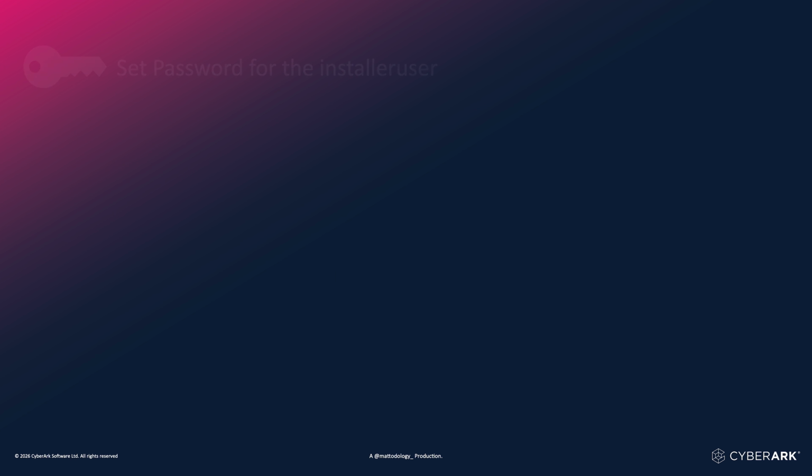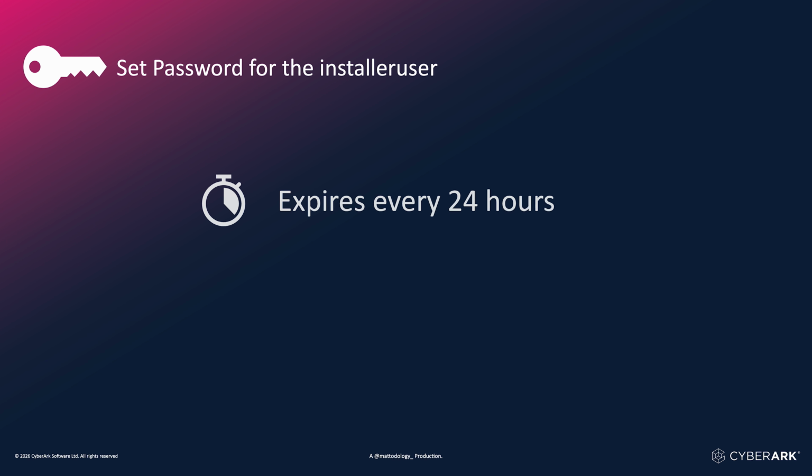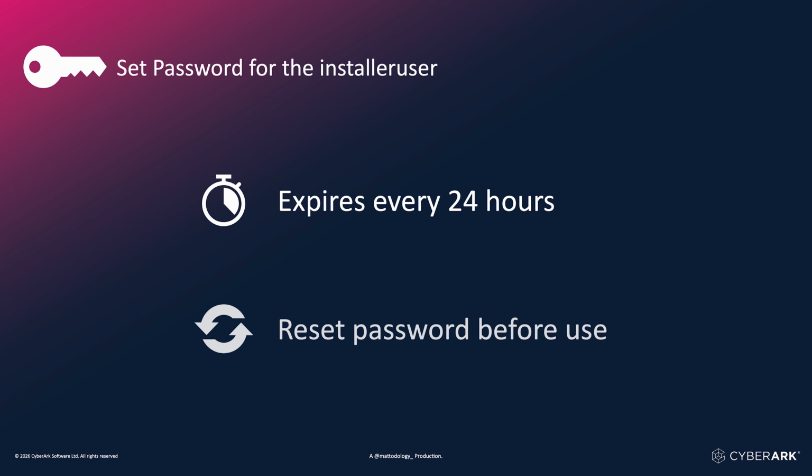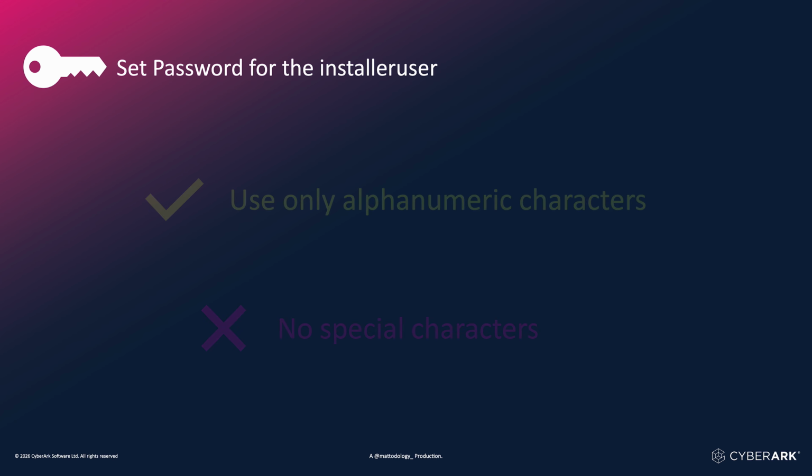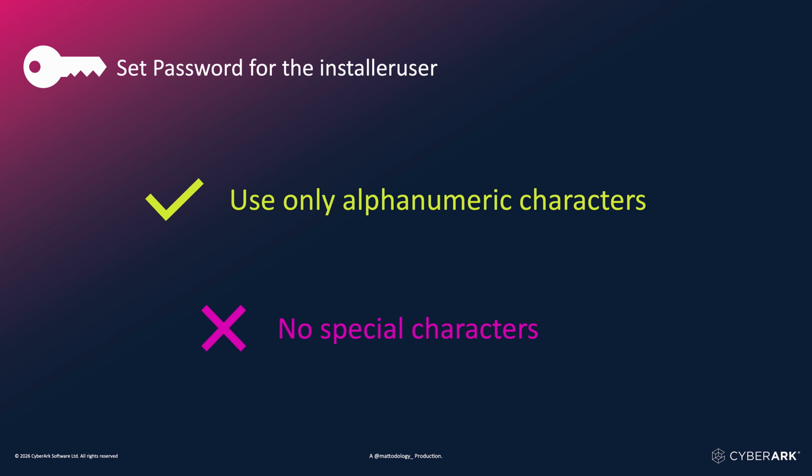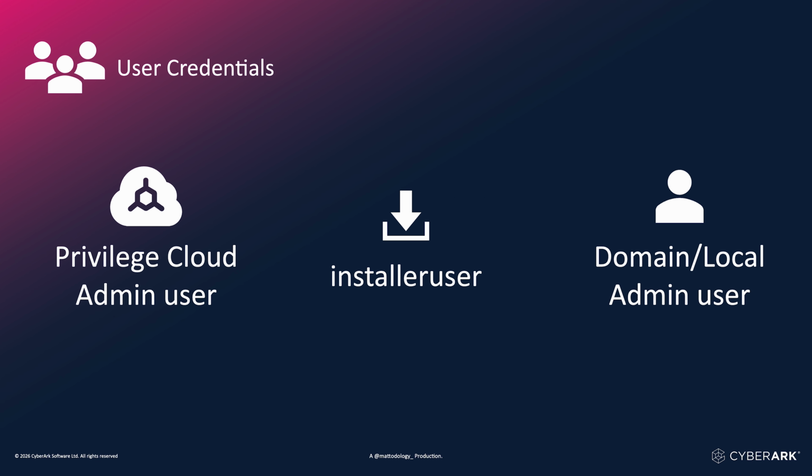Remember, installer user passwords expire every 24 hours and must be reset as needed using only alphanumeric characters without any special symbols. Having these credentials with the correct permissions ensures a smooth installation process and helps maintain the security and manageability of your CyberArk environment.